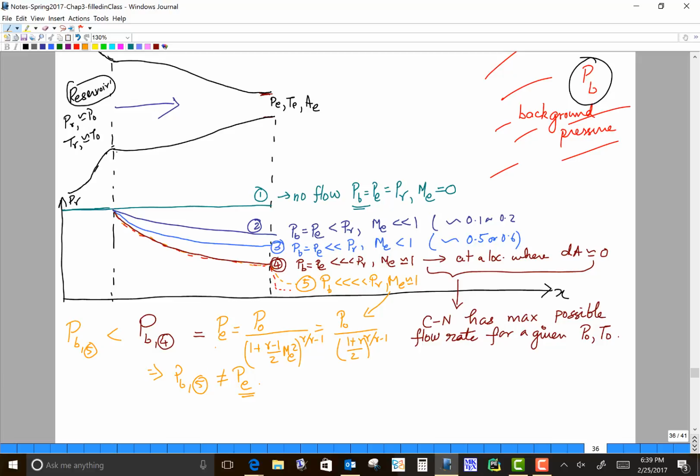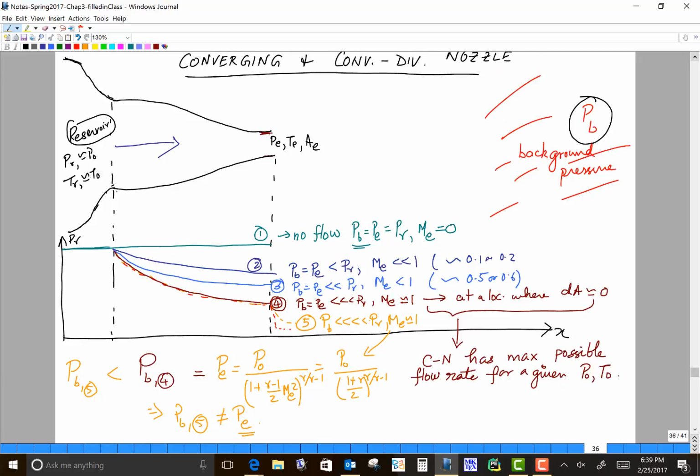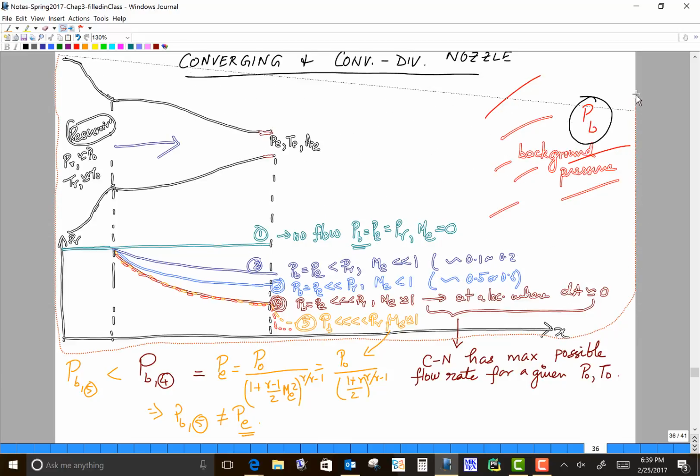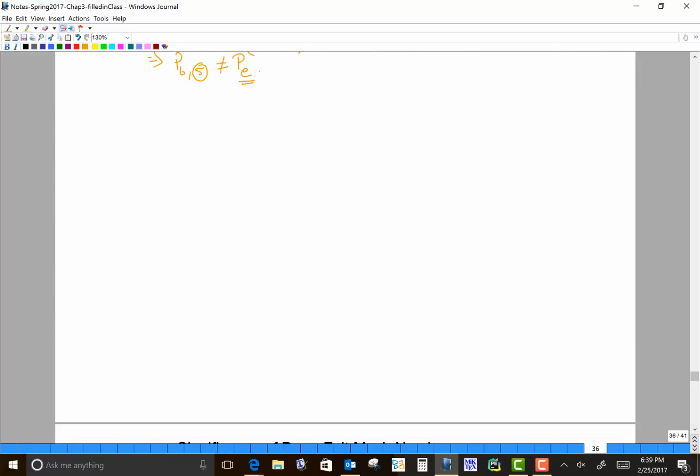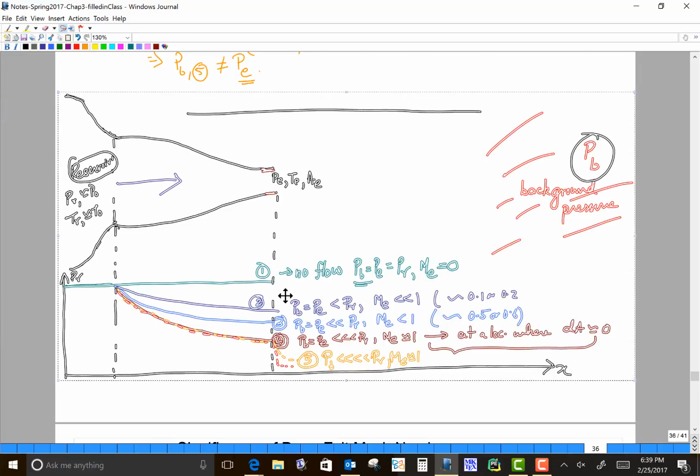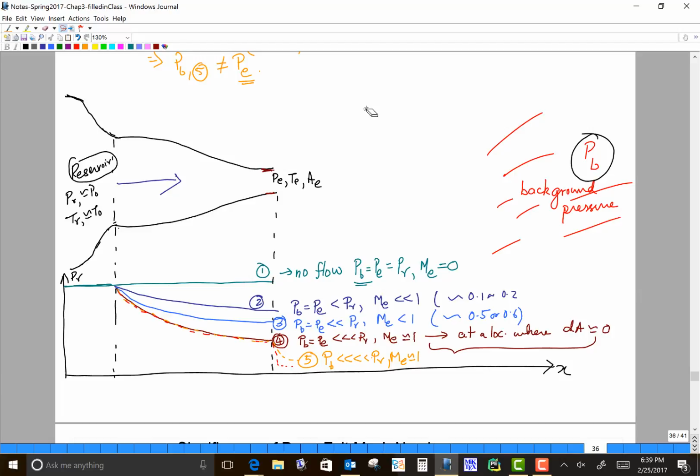Okay? So with that understanding, let us move on to the converging diverging nozzle, but instead of moving on in a generic way, we would relate it to the discussion that we just had. So what I'm going to do is take this same schematic and paste it here.